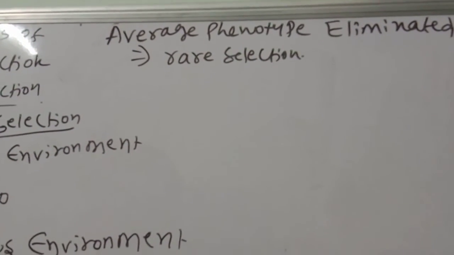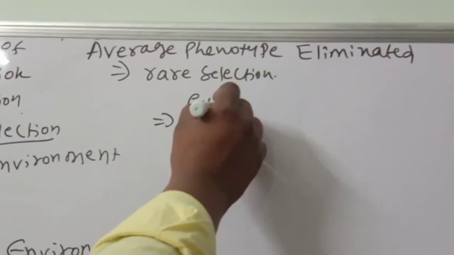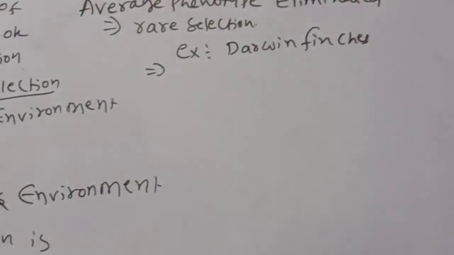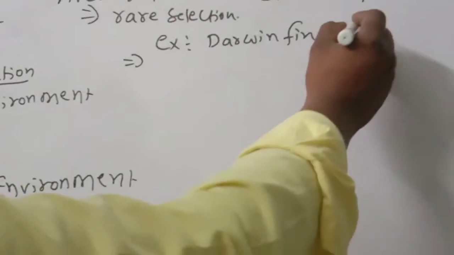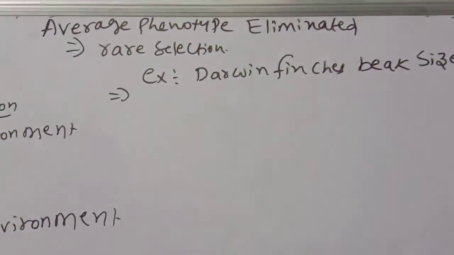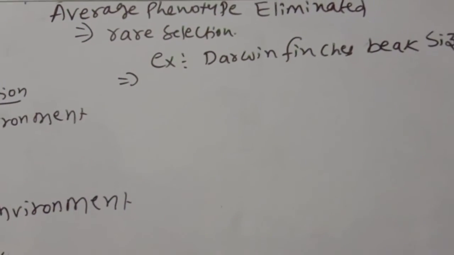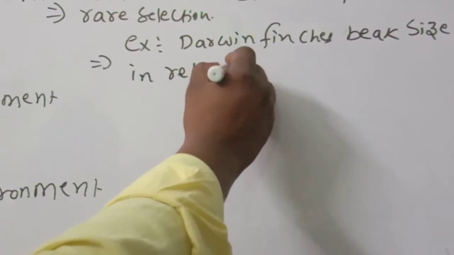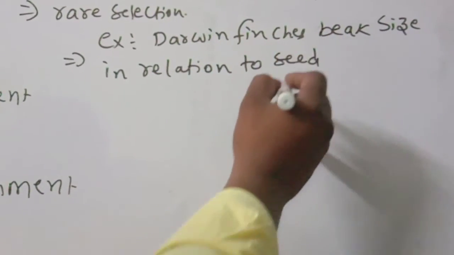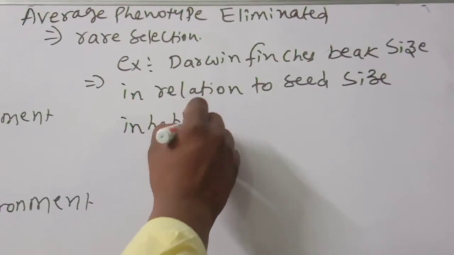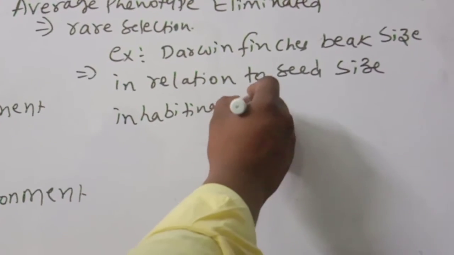For example, Darwin finches. Example I am telling, observe carefully. Darwin finches with big size in relation to seed size, inhabiting the Galapagos Islands.